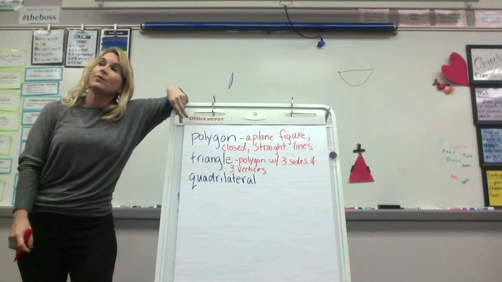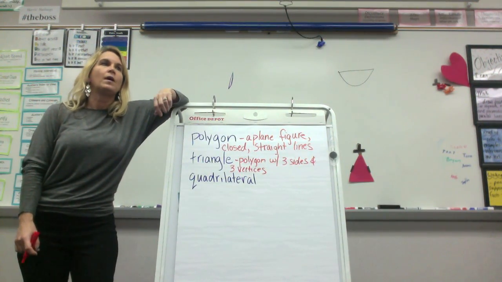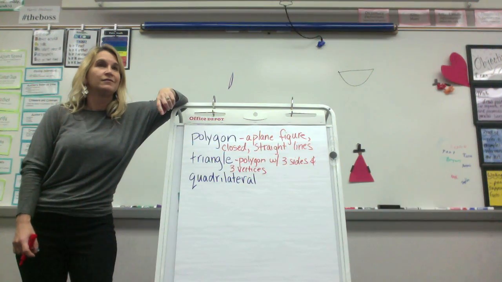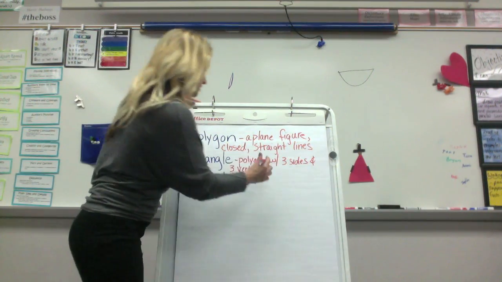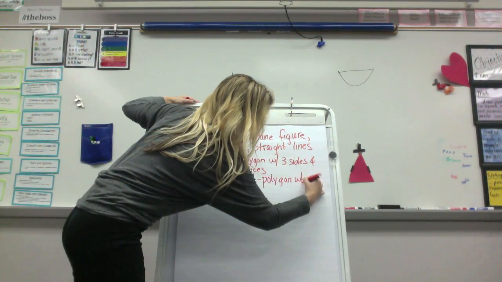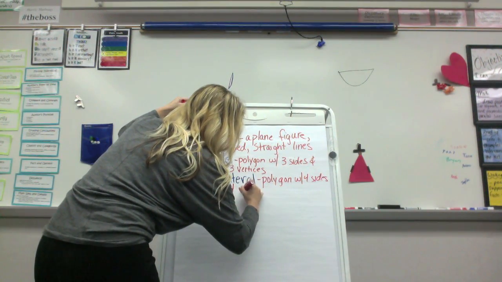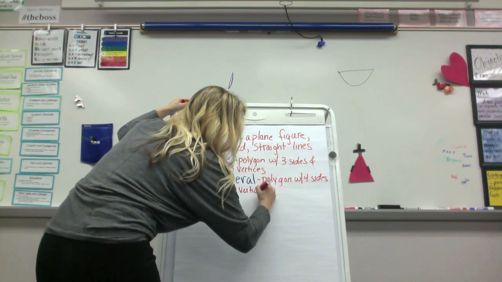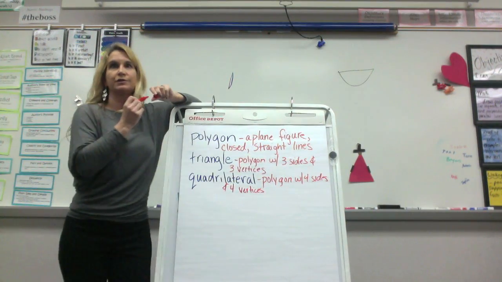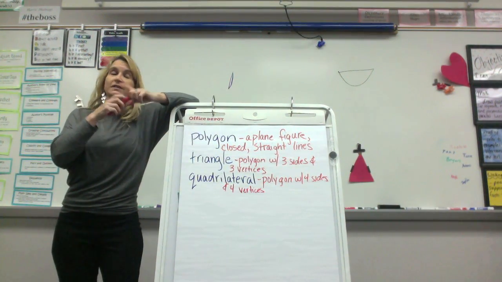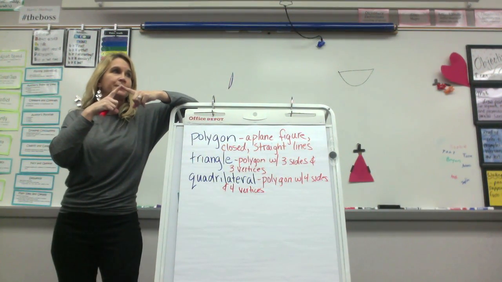So knowing what a triangle is, what might a quadrilateral be? Right, and so it's a polygon with 4 sides and 4 vertices. We're using the word vertices and not corners, okay? Vertices is where 2 lines come together.